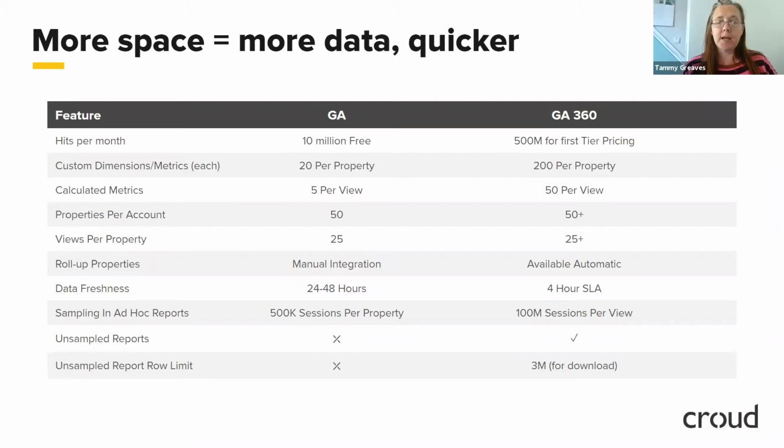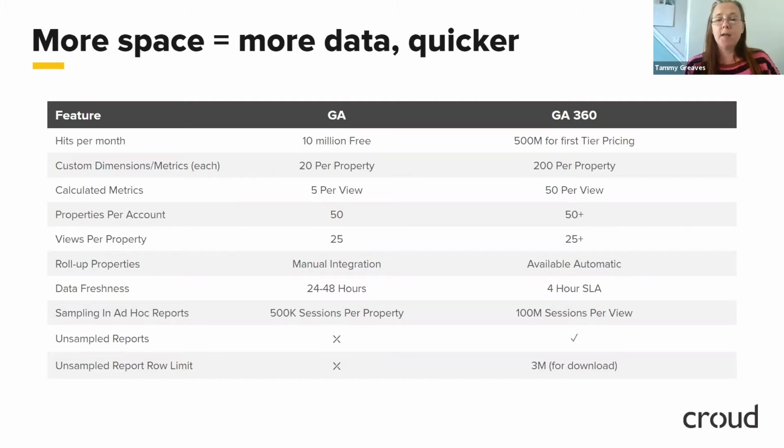Another key thing is the actual freshness of the data. With the free version, it can take up to 24 to 48 hours for the data to actually be processed and pushed into GA. And with the 360 version, that's more of a 4-hour type turnaround. It can usually be on average about 2 hours, but it's given a 4-hour SLA.